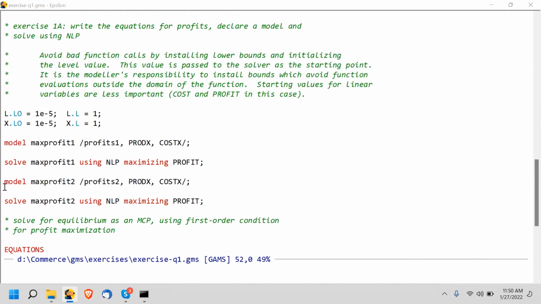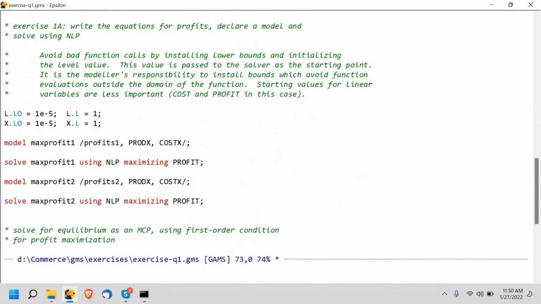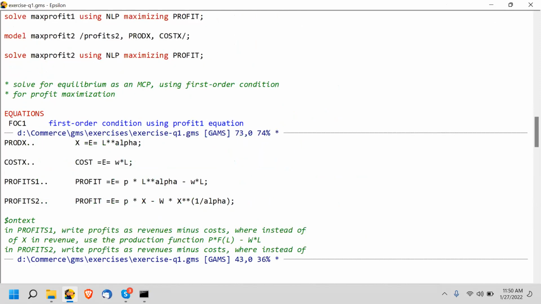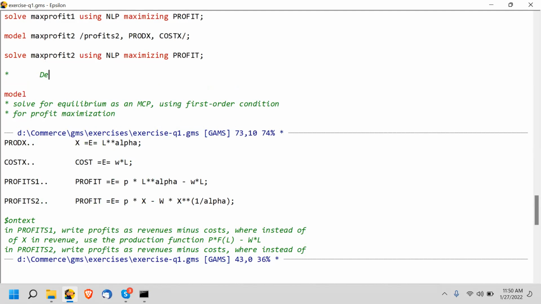Let's do a couple more just to demonstrate. We could solve these as single equation models. Optimization just as easily.